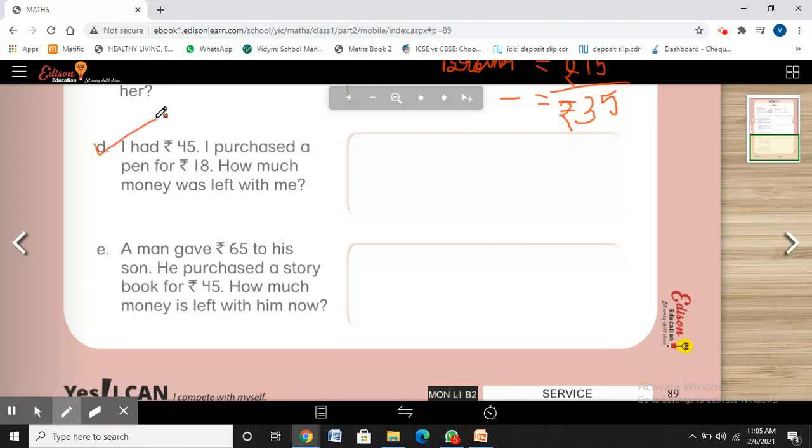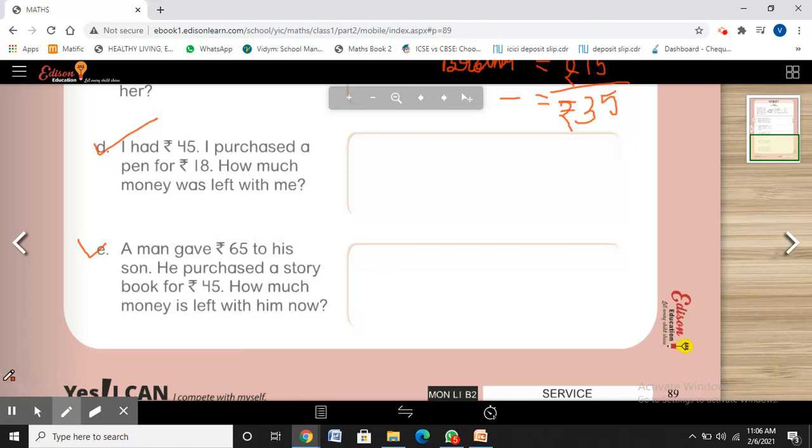E: a man gave rupees 65 to his son. He purchased a storybook for rupees 45. So the total money is 65, storybook 45. Money left, you will tell me the answer. Write the proper statements and solve these questions. So do question number D and E.